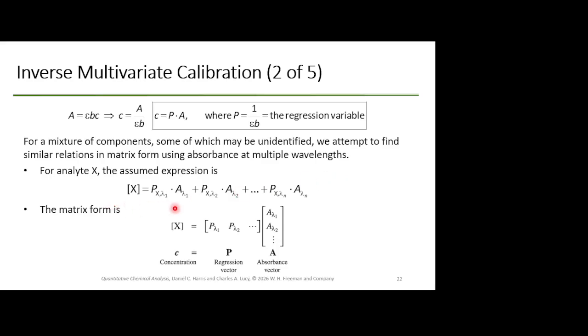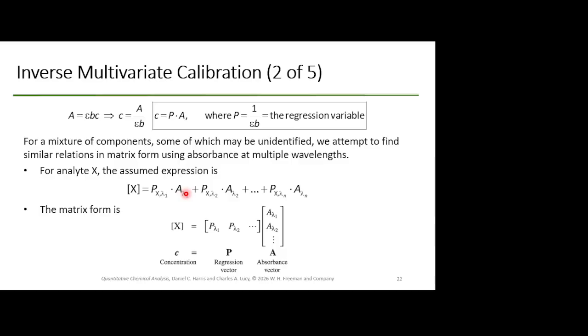So if we have a mixture of components, some of which we may be unidentified, we can attempt to find relations in matrix form using the absorbance at multiple wavelengths. So for the analyte X, we assume the expression would be something like this. We have our analyte here. We have our regression variable, which is 1 over epsilon B, right? And this is going to be times the absorbance.